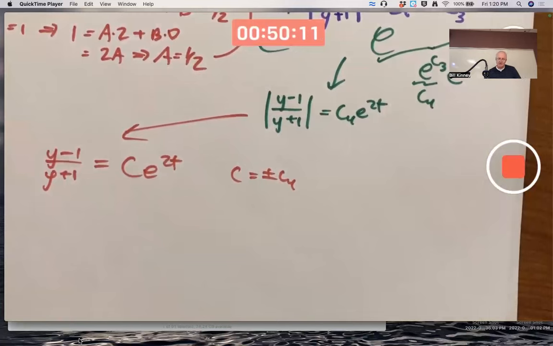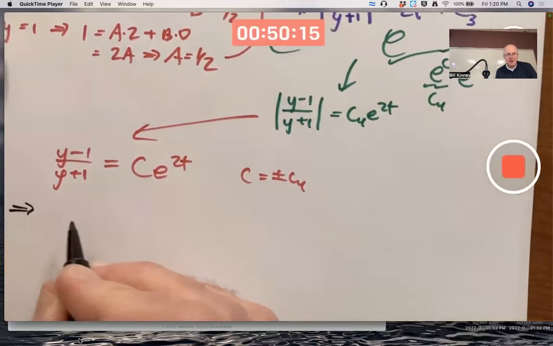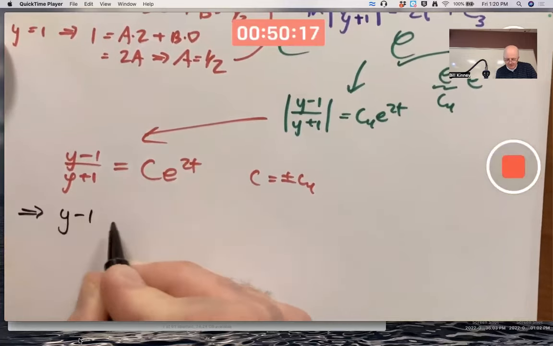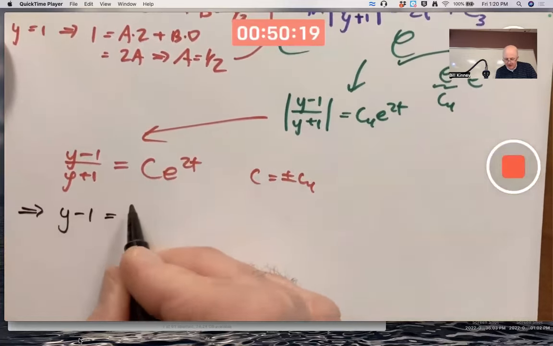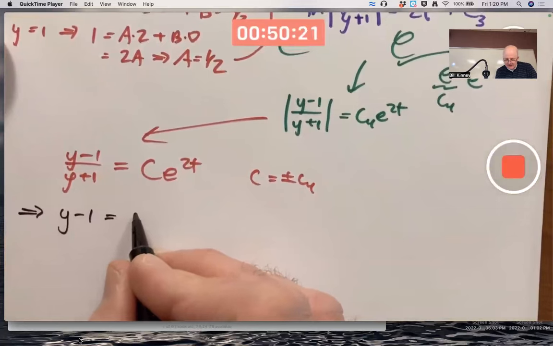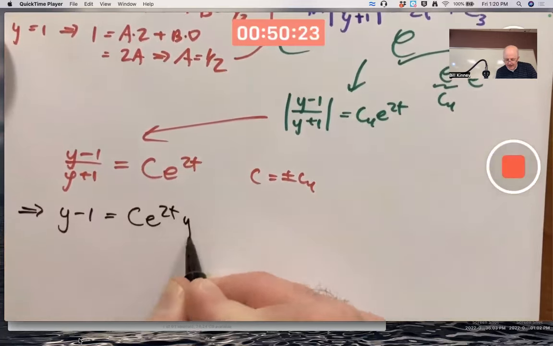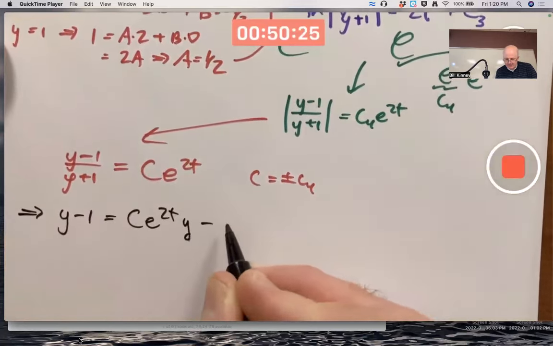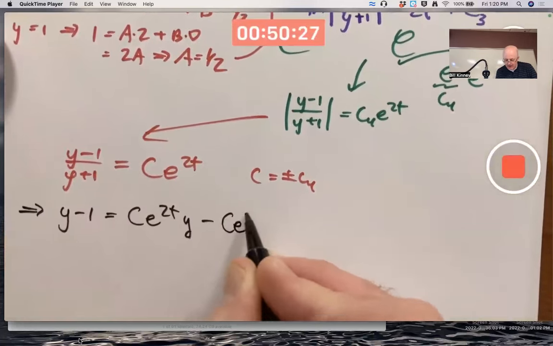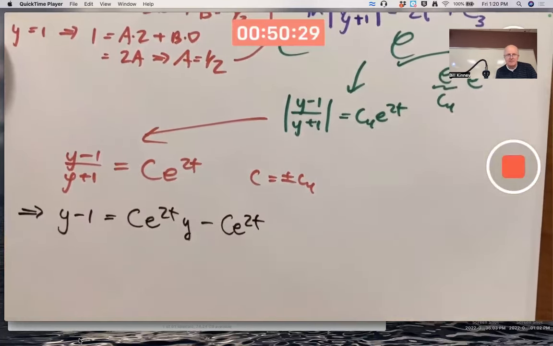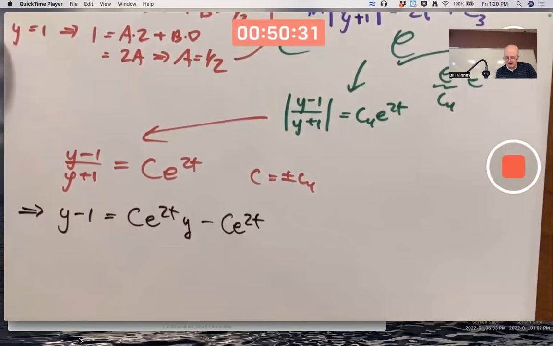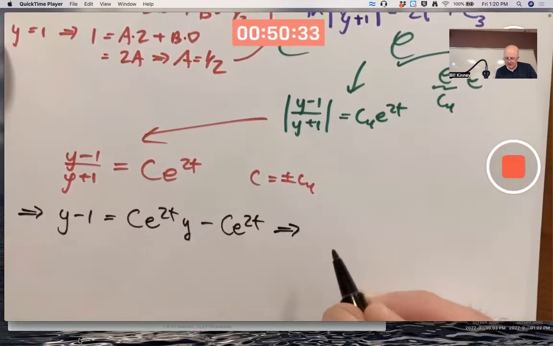Getting close, getting close. Trying to solve for y. How about multiply both sides by y plus 1 now? If I multiply this by y plus 1, I get c e to the 2t y minus c e to the 2t times 1. Get all the y's on one side now.